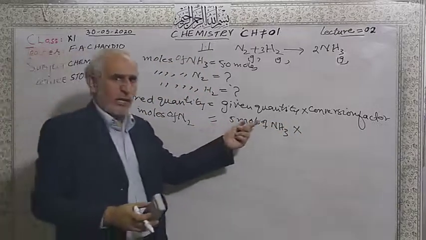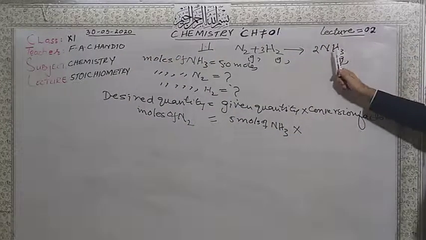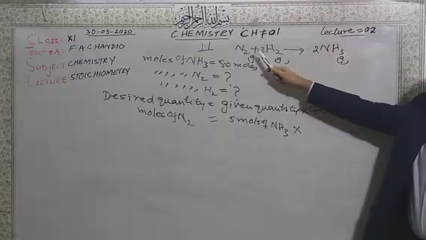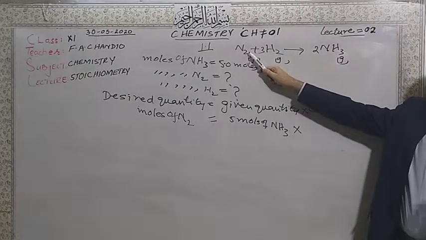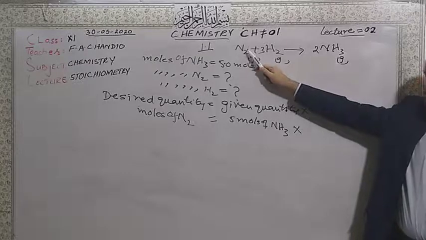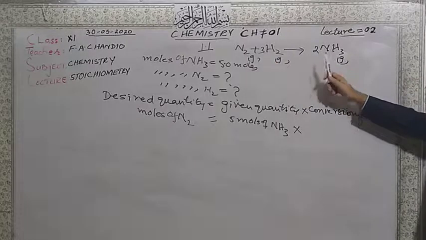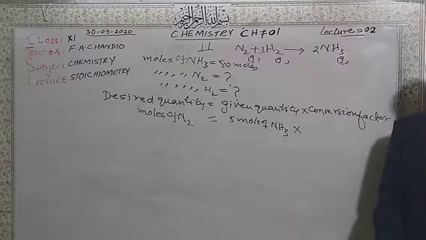In the previous example I told you the conversion factor: the unknown quantity you want to calculate goes on the numerator side and the number of moles given goes on the denominator side.